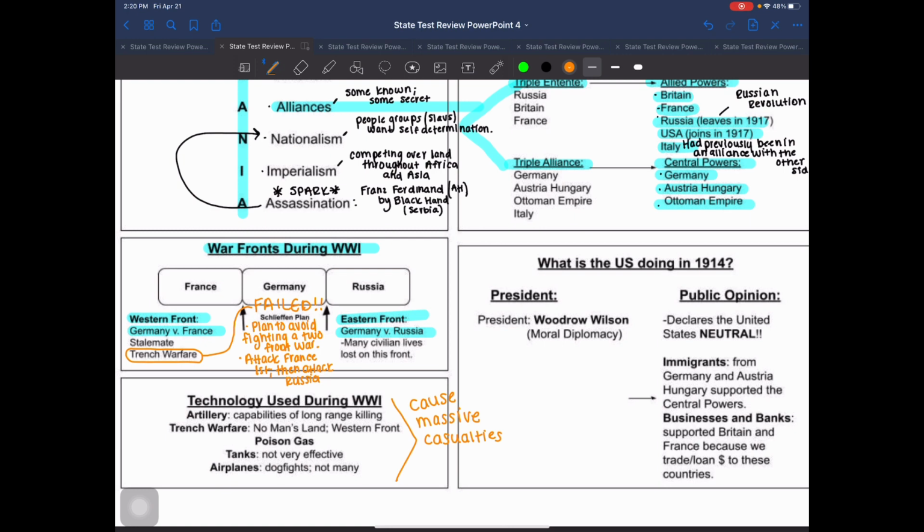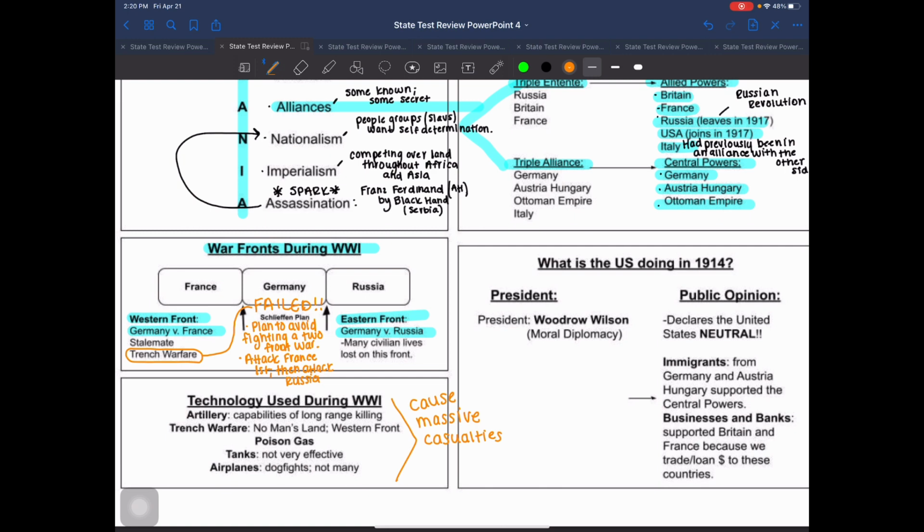And so we kind of still had this mindset that you've probably seen in old movies like the Civil War and the American Revolutionary War, where the two opposing sides meet up on a battlefield and they're in close proximity to one another. Well, they had to be, because their technology, their weapons, were not good at long distance. But now that technology has advanced, we are actually better at killing people at longer distances, but we still have this mentality of close proximity. So not keeping up with the technology, that's also going to kind of contribute to the amount of casualties and fatalities that we have in this war.